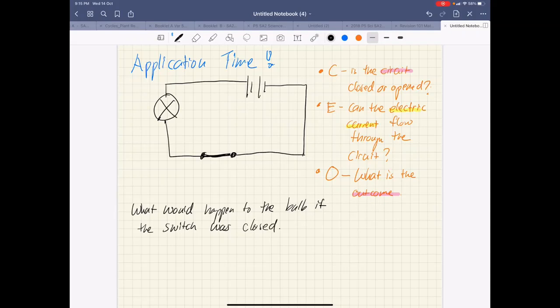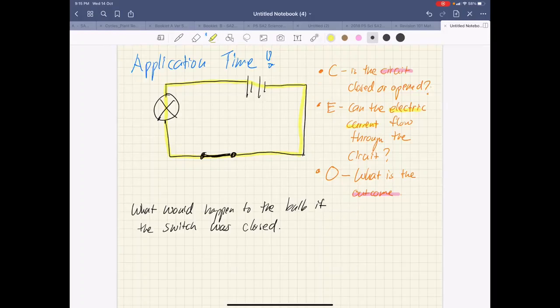If the switch is closed, you check, firstly, is the circuit complete or not? In this case, I would think that it is. To check, I would usually take a pen or a highlighter, start from the positive terminal and trace all the way to the negative terminal. If there are no gaps, I know that electric current can flow. So I have to pen it down in my answer.